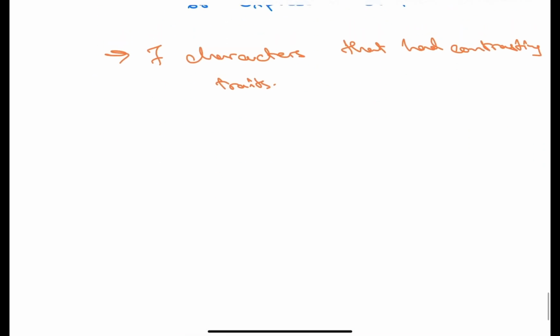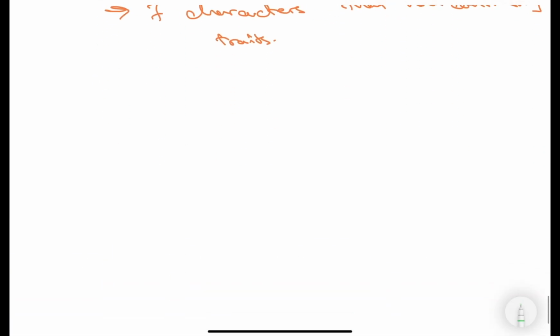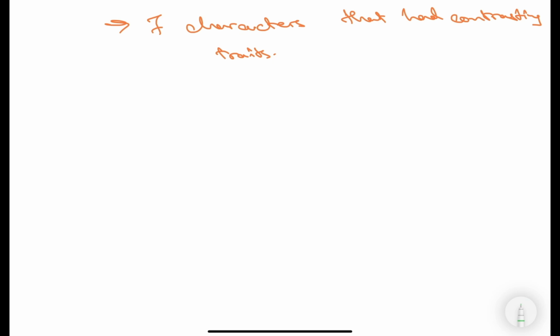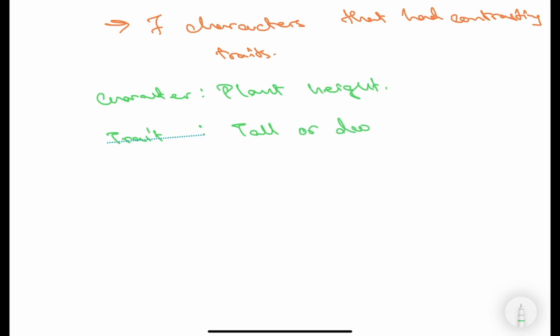Suppose one character is plant height. This is the character, and the traits for that are tall or dwarf.